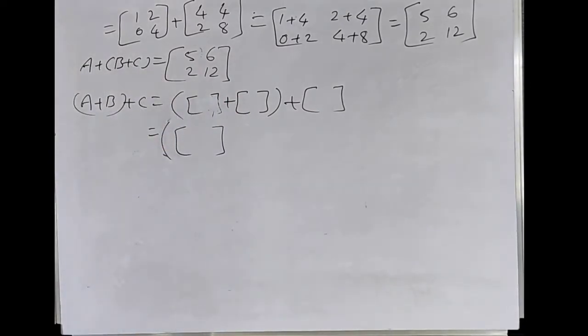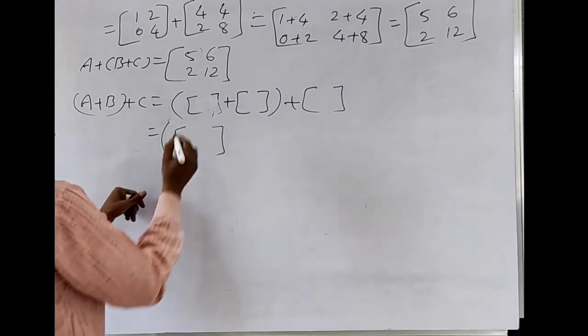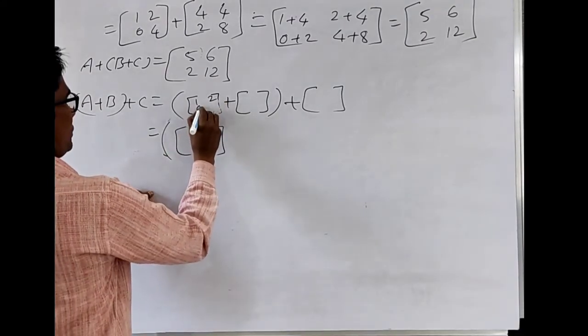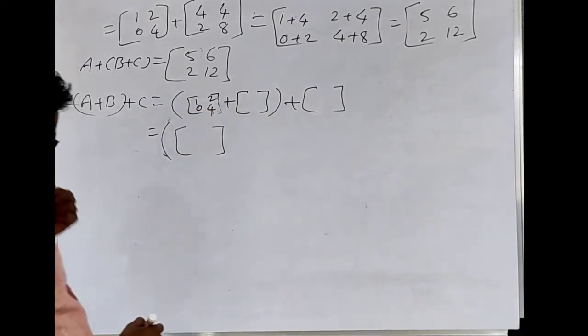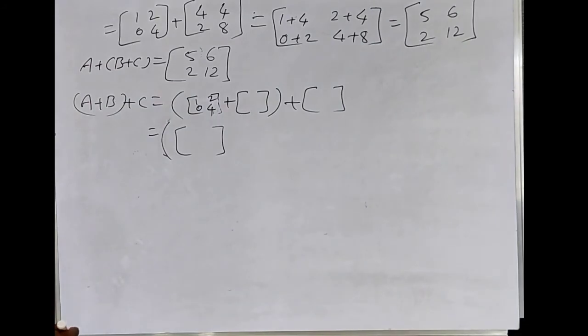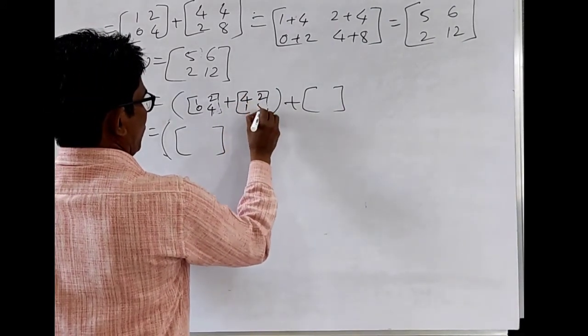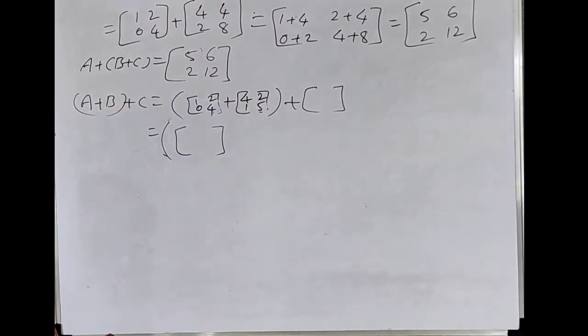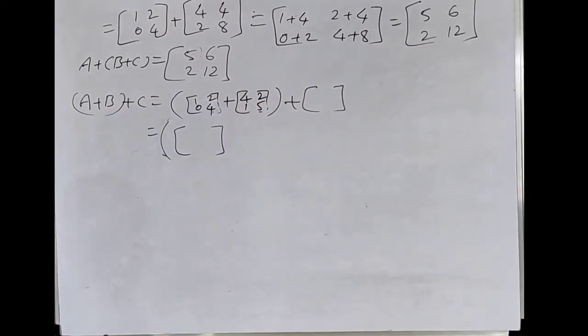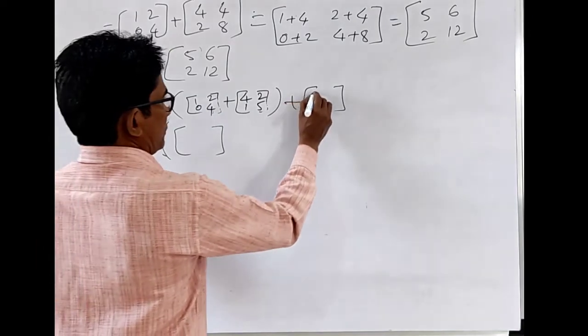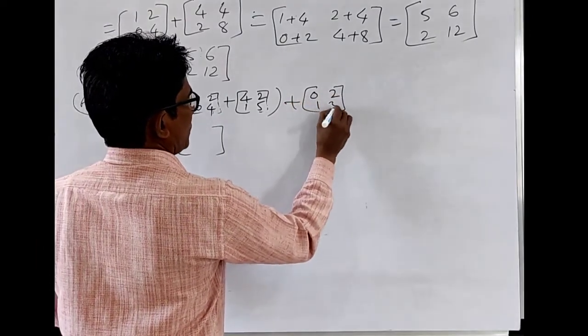The elements of A are 1, 2, 0, 4. The elements of B are 4, 2, 1, 5. And the elements of C are 0, 2, 1, 3.